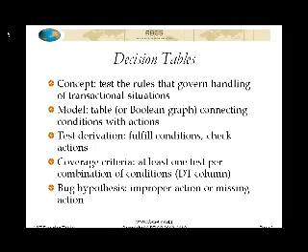So for decision tables, the bug hypothesis is that there will be, under some set of conditions, an improper action taken, either the completely wrong action, the one which was supposed to not be taken, is taken, or the right action is taken, but it's carried out in the wrong way. It's carried out improperly.